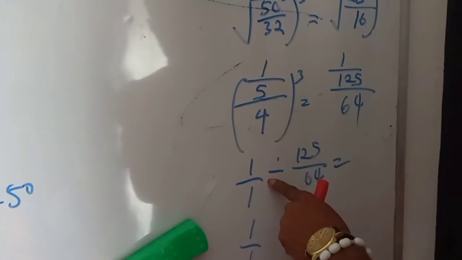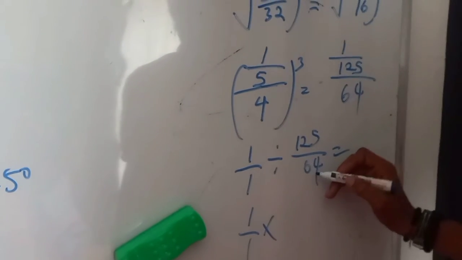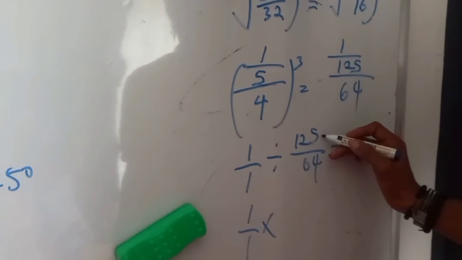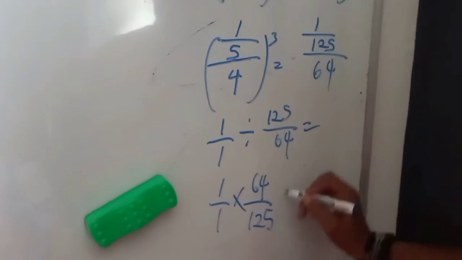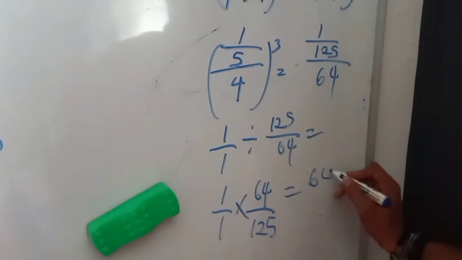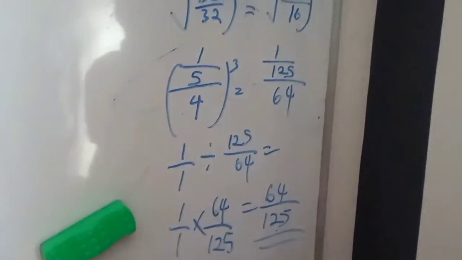This division will turn into multiplication, which means that the denominator will become the numerator, while the numerator becomes the denominator. Which means 64 over 125. This is the final answer for number 1H.